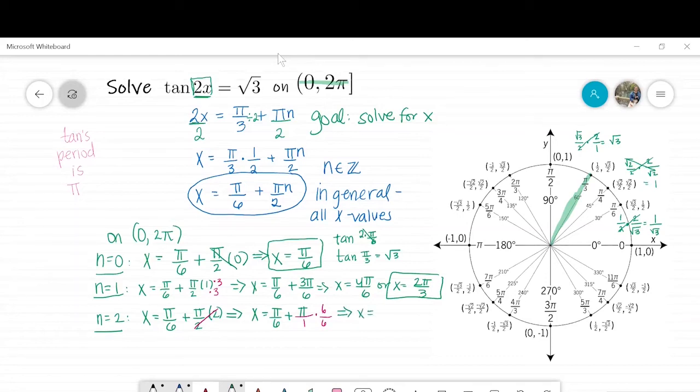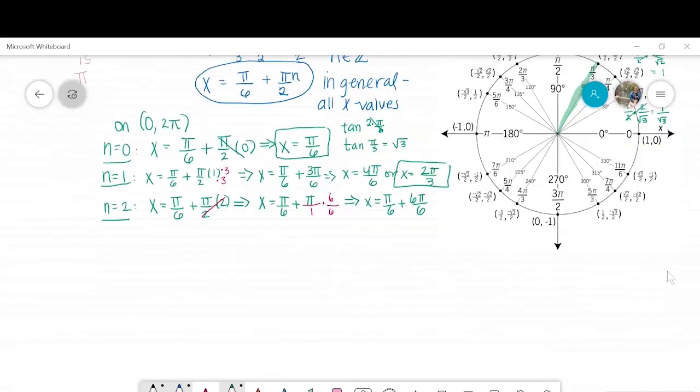X is equal to pi over 6 plus 6 pi over 6. Let me move here so we have some more space. So we're left with x is equal to 7 pi over 6. Now that is still within one full rotation under 2 pi. So this is also an answer.